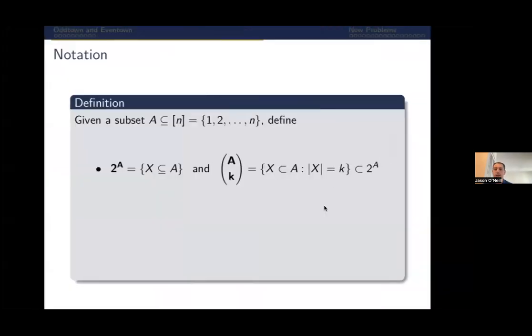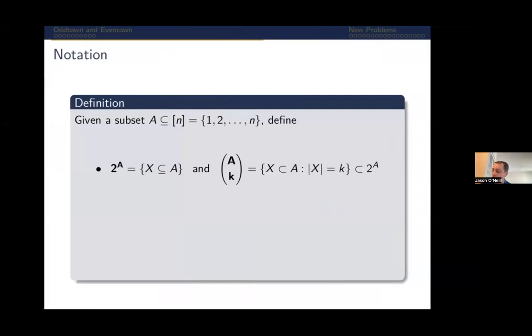We're going to be talking about subsets of an n element set, and most of the time we're going to use brackets n, which is the positive integers 1 up to n. When we talk about these subsets, we're going to use the following notation.